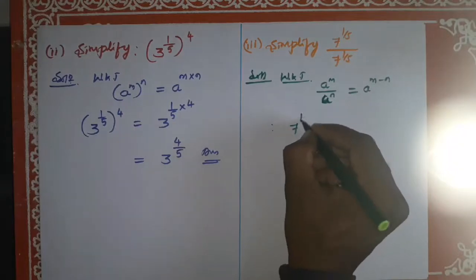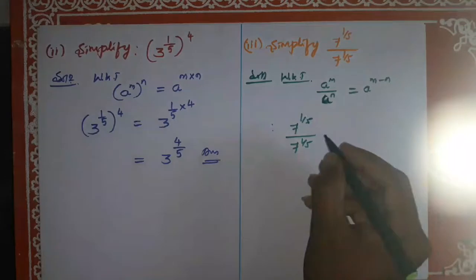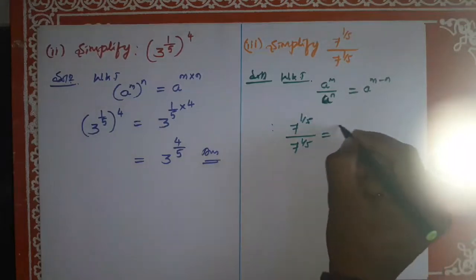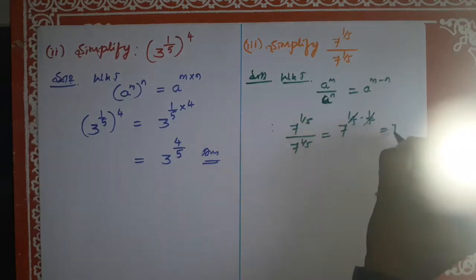Therefore 7 to the power of 1 by 5 divided by 7 to the power of 1 by 5 is equal to 7 to the power of 1 by 5 minus 1 by 5. Both cancel, which gives 7 to the power of 0. Any number raised to the power of 0 is equal to 1. This is the answer.